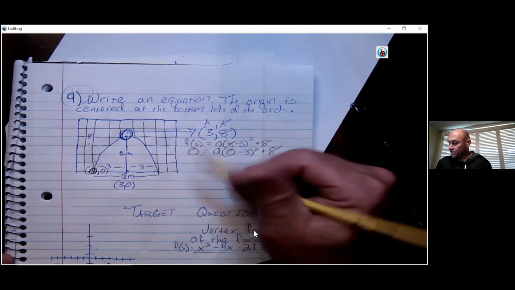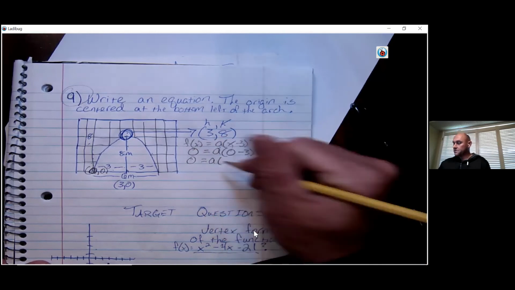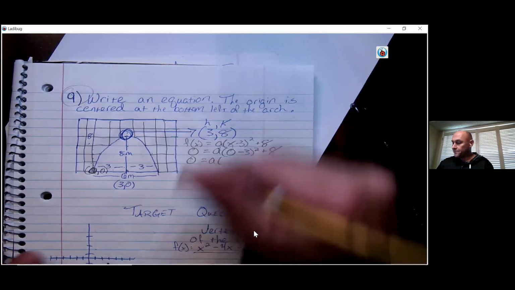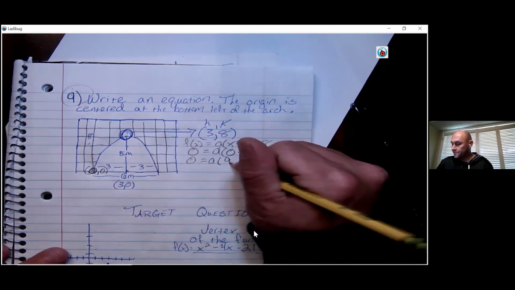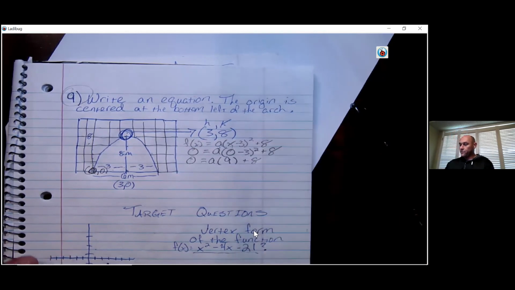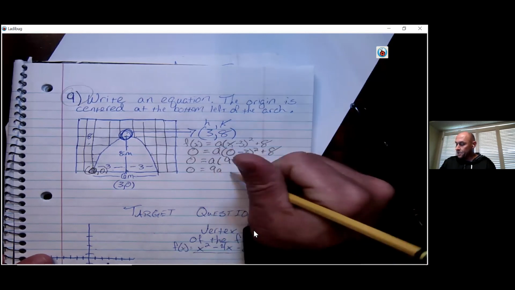I've got 0 equals a times 0 minus 3 squared, which is negative 3 squared, which is 9, and then plus 8. Rewriting that, I've got 0 equals 9a plus 8.